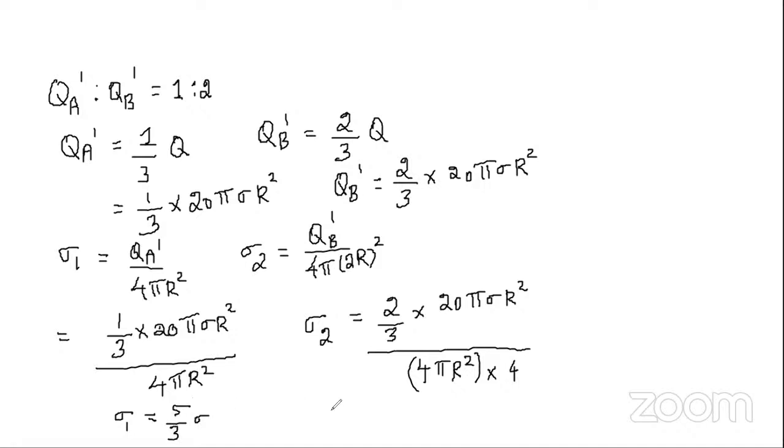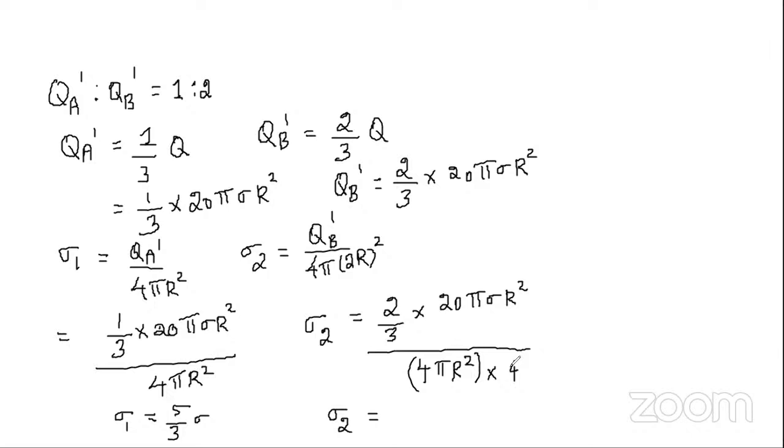And the sigma 2 will be equal to, here also you can cancel out some terms, that is this pi r squared and pi r squared, this 4 and this 20 will be 5, and this 2 and this 2.